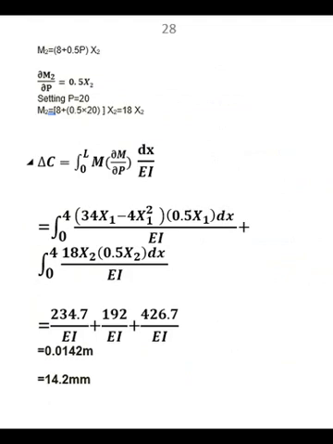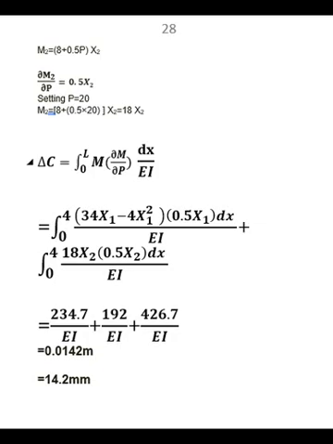Then M2 will be 8 plus 0.5 P times x2. We take the partial derivative of M2 with respect to P, and it will be 0.5 x2. Setting P equal to 20, we find M2 is equal to 18 x2.